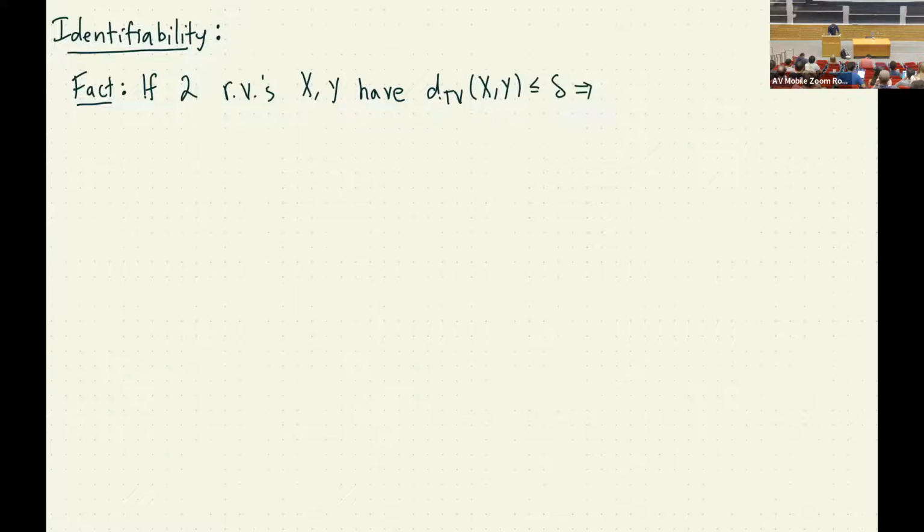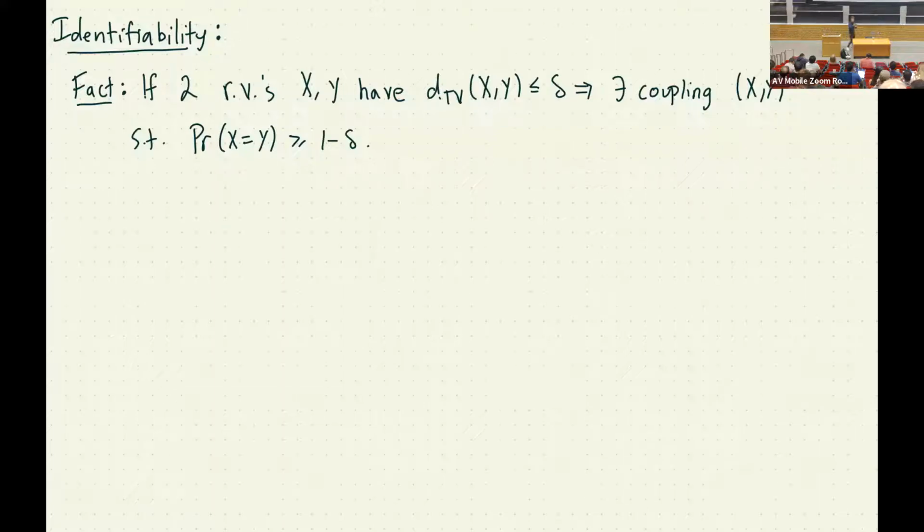Then there exists a coupling, meaning a way to sample these two random variables together as a joint distribution XY, such that the probability that X equals Y is at least 1 minus delta. So I can sample them together, and they will assume the same value almost all the time if delta is small. That's actually the meaning of total variation distance, or you can take this to be the meaning of total variation distance.